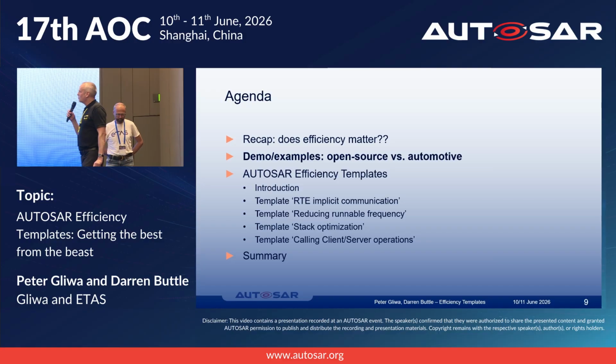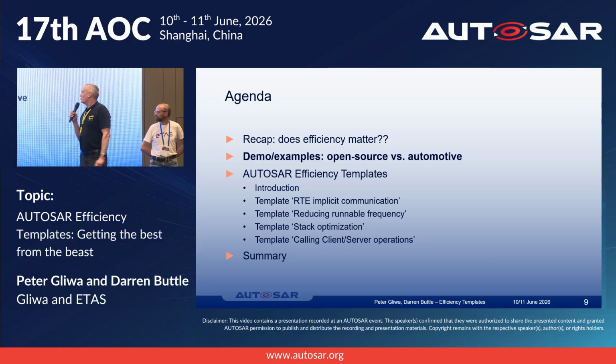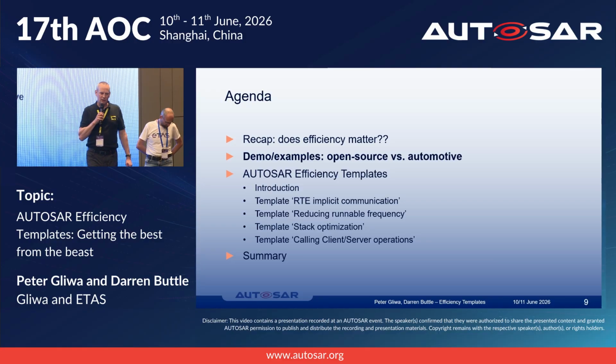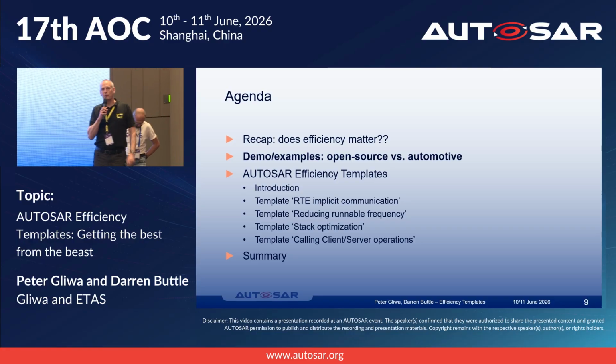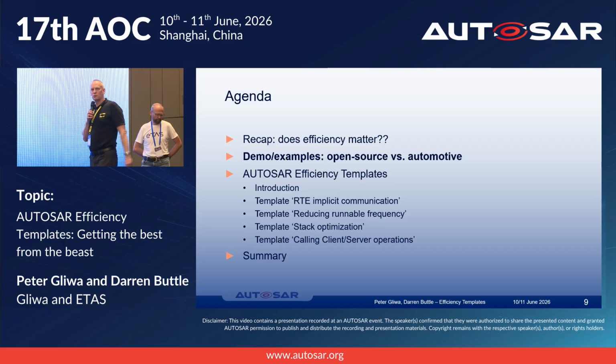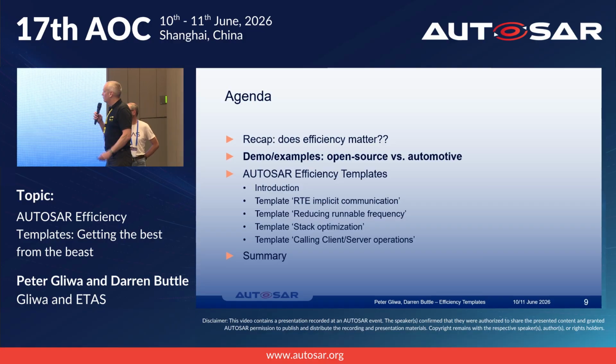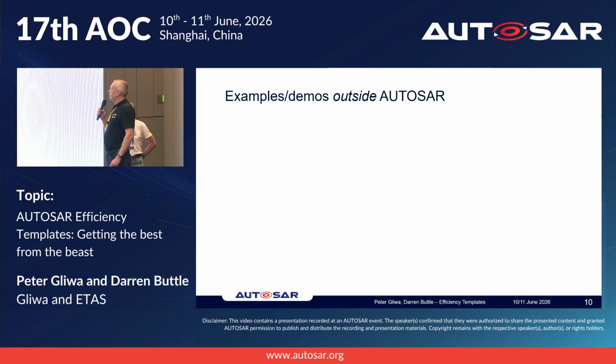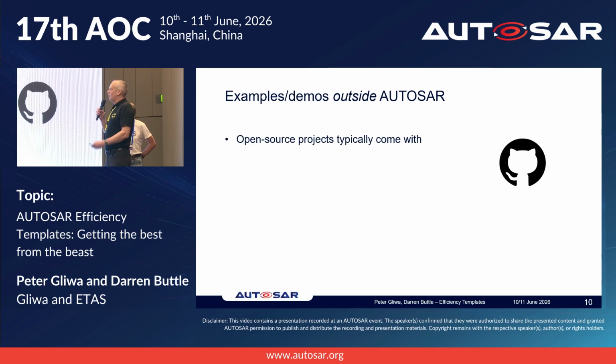Now let's take a quick look at open source versus how things are tackled in automotive very often. Because this conference here, this year, the 17th AutoSAR Open Conference, is also about open source. And well, examples and demos outside AutoSAR.